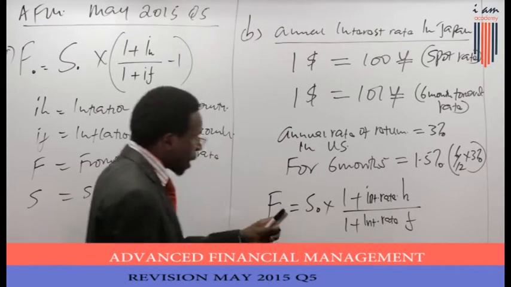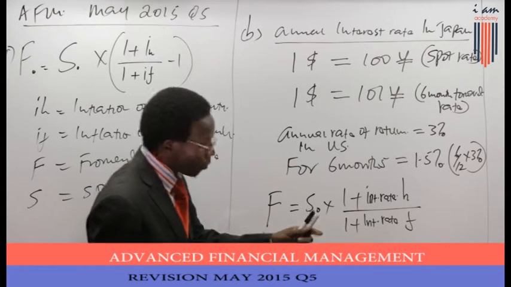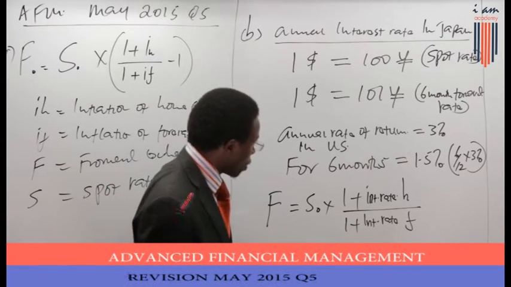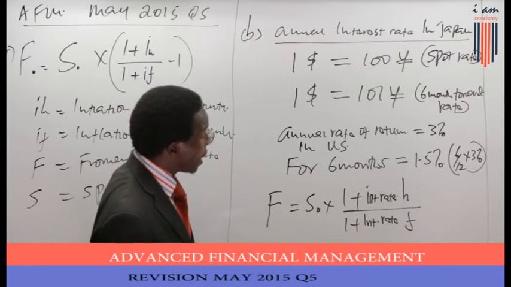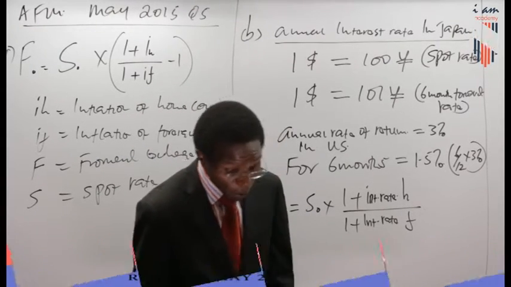Now, if we are looking for the annual interest rates, we have the spot rate and all these, so we can make the interest rate the subject of the formula.